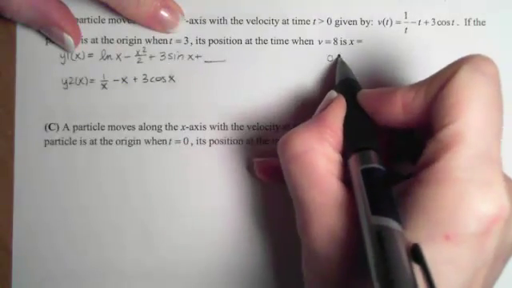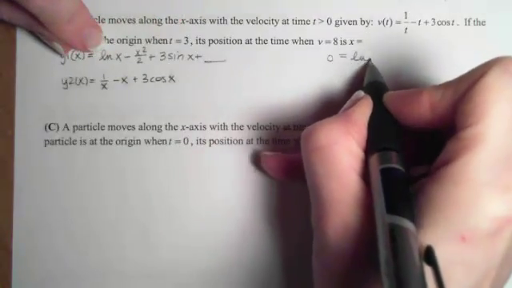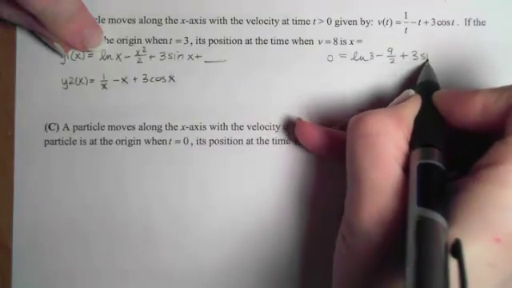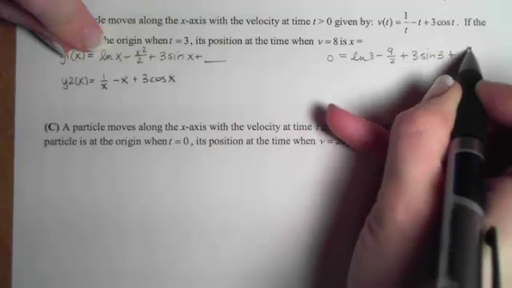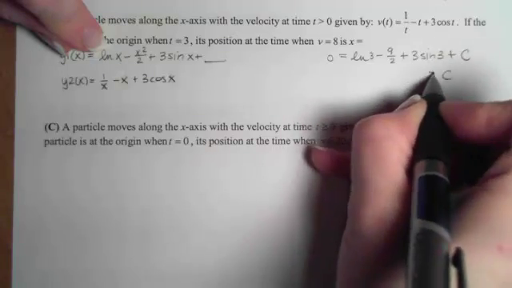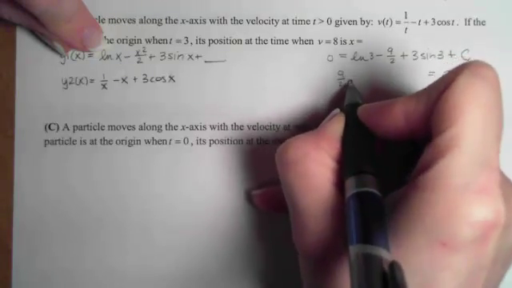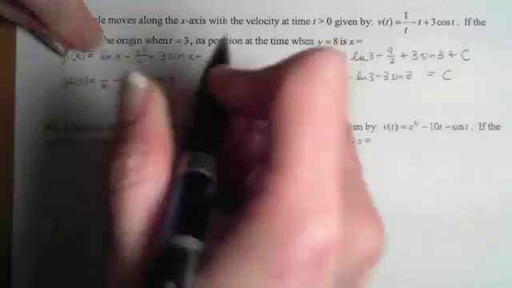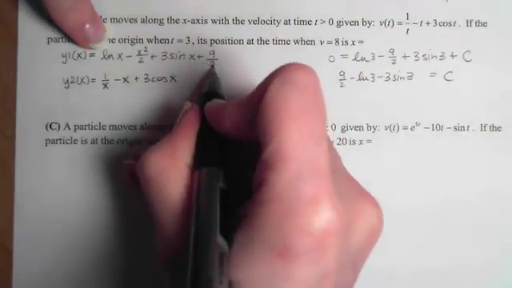So that means this position function will be 0 when I plug 3 into the function. So that c will be 9/2 minus ln of 3 minus 3 sine of 3. So I can put this down here as my constant.